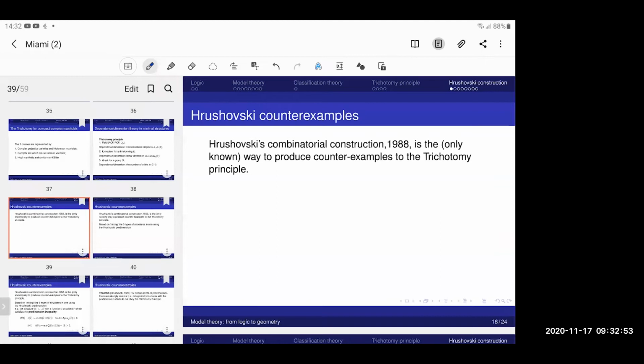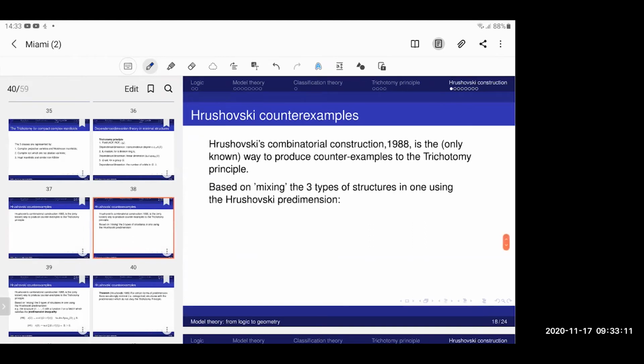So what we come to at this point now is that Hrushovski came up with the idea of a counterexample to this trichotomy principle by playing with these three types of dimensions and making funny combinations out of these dimensions.